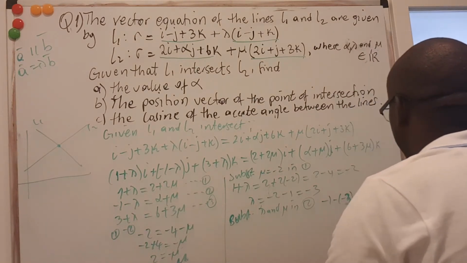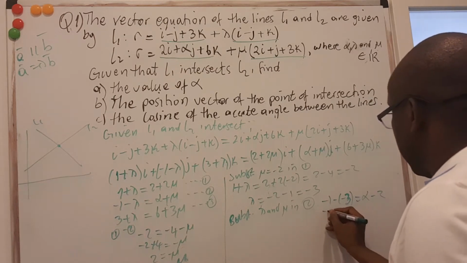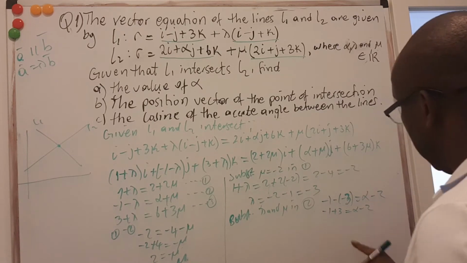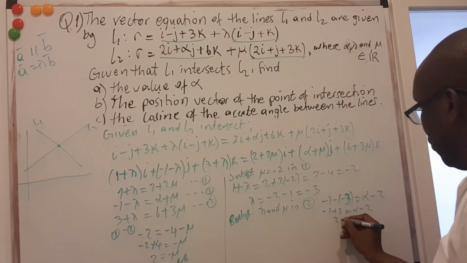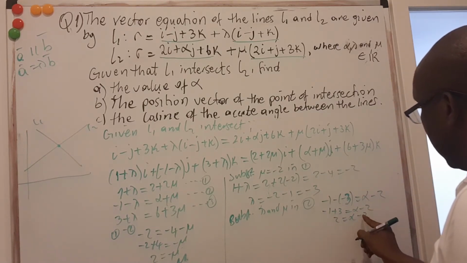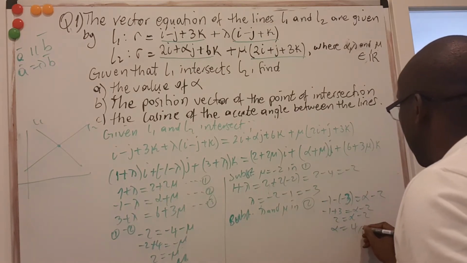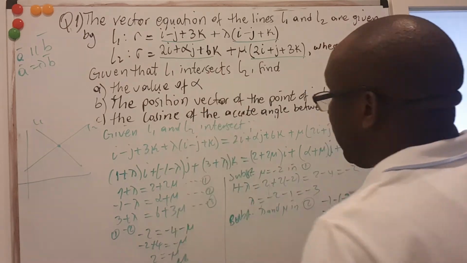Mu is minus 2, minus 2. If I fix it, this is minus 1 plus 3 is equal to alpha minus 2. If I add this together, this is 2. It's got alpha minus 2. Take minus 2 to this side, it becomes plus 2, so that's 4. So alpha is equal to 4. So for the first question there, alpha is equal to 4.